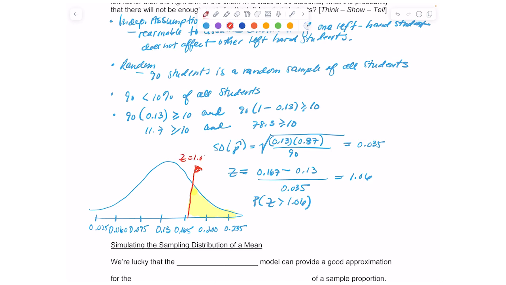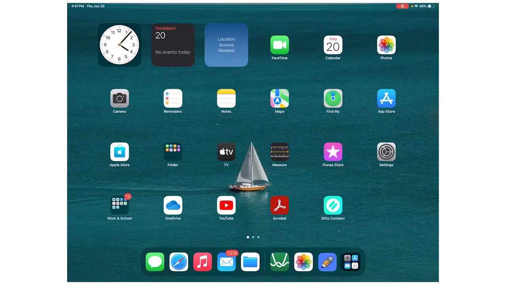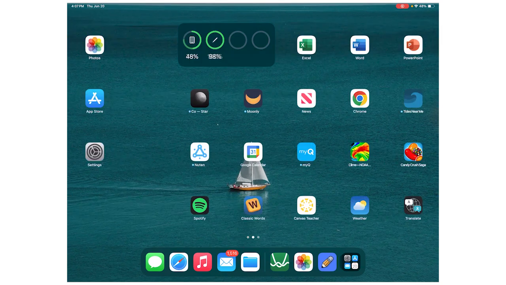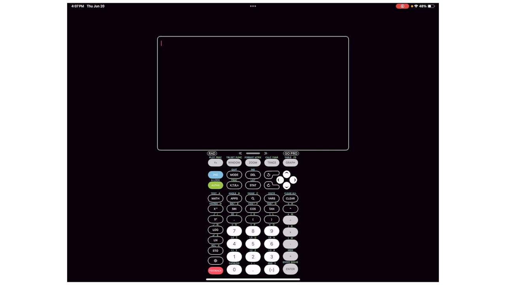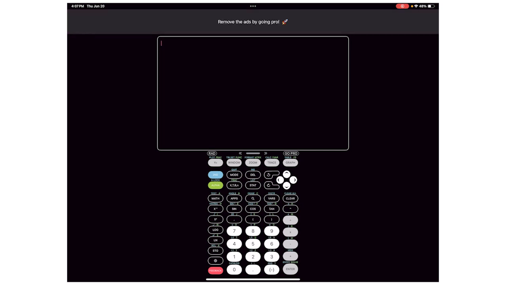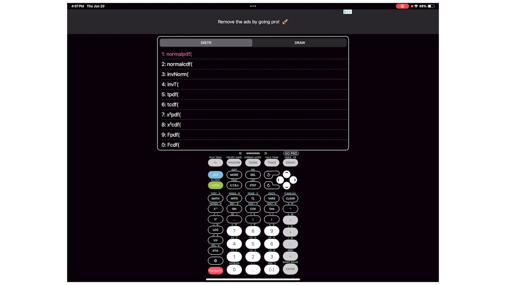That's your z-score. So to do that, you could use a z-table, but I'm going to use technology. And remember, we're going to use normal CDF for this, and it's found under second vars. So I'm going to go to my graphing calculator, and I'm going to go to second and then vars, and we're picking number 2, normal CDF.